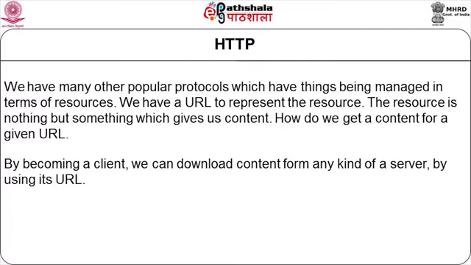Things are managed in terms of resources. You have a URL for the resource, and the resource is nothing but some point which gives us content. So, how do we get content for a given URL? Becoming a client to download content from any kind of server, fine.